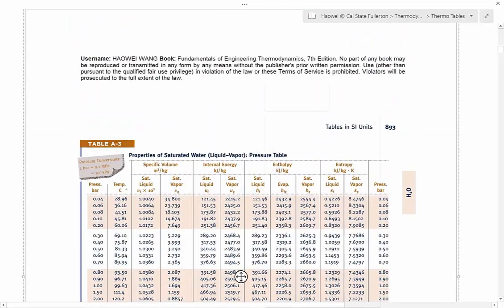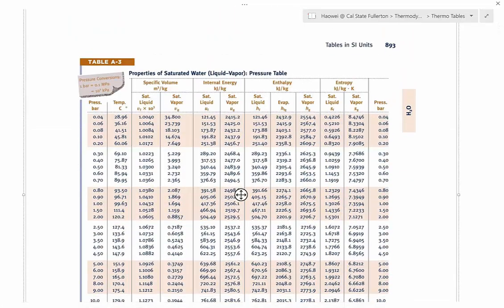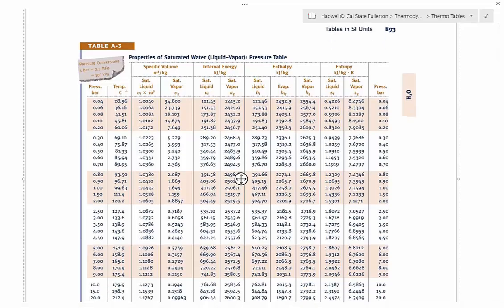And we start from pressure, which is 10 bar right here. And then from this 10 bar, what can we find? We can find a corresponding saturation temperature, 179.9 Celsius. This is the temperature when water starts to boil at this 10 bar. Okay, this is the boiling temperature at 10 bar, saturation temperature.